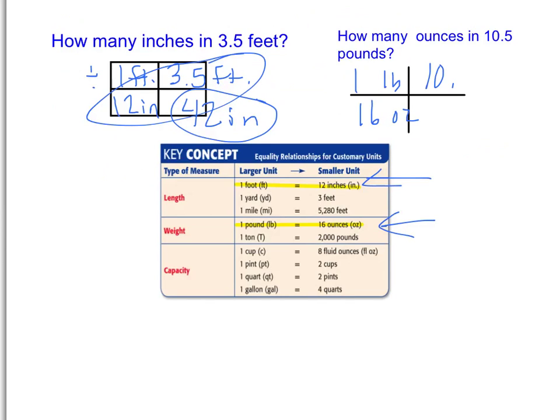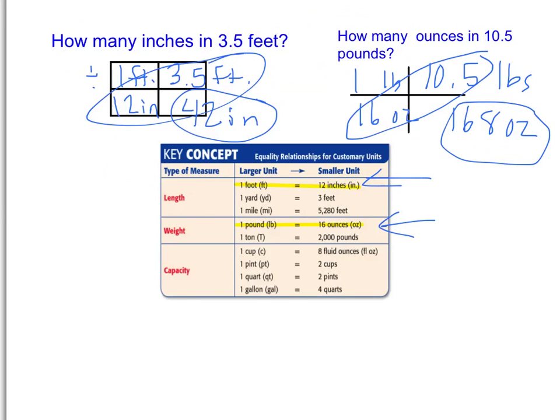That's going to go on the top because I have pounds on the top. Crisscross multiply. Divide by the lonely guy. So I'm going to take 10.5 times 16. And I get 168. And that's ounces.